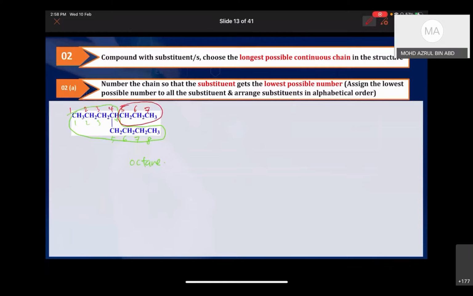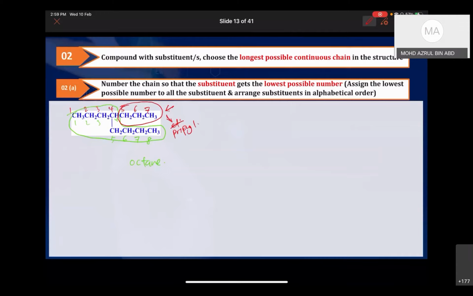And then the other part, this one will be the substituent. This substituent contains 3 carbons. So if it has 3 carbons, we call it a propyl, right?